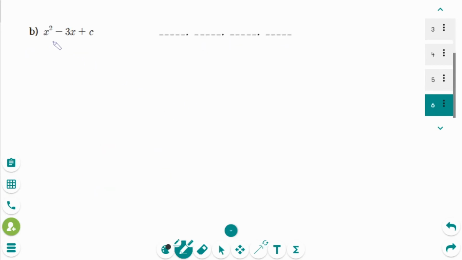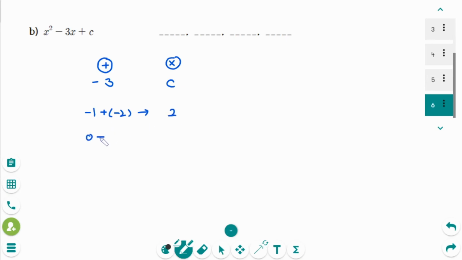Number B, x squared minus 3x plus C. Find the two integers with a sum of minus 3 and the product of C. Since many pairs of integers have a sum of minus 3, answers may vary. If the two numbers that make up minus 3 are minus 1 and minus 2, then the product will be 2.